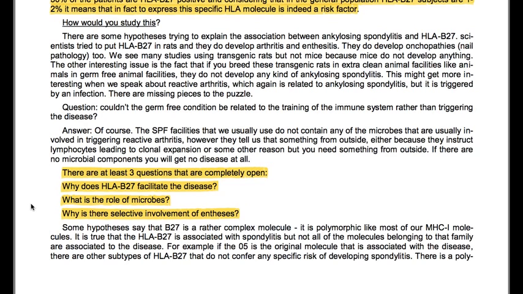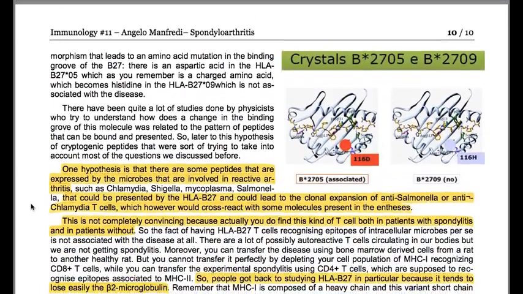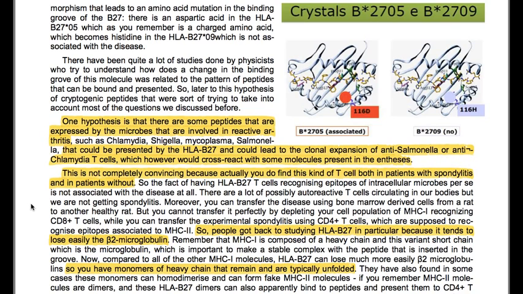For example, if B*2705 is the original molecule that is associated with the disease, there are other subtypes of HLA-B27 that do not confer any specific risk of developing spondylitis. There is a polymorphism that leads to an amino acid mutation in the binding groove of the B27. There is an aspartic acid in the HLA-B*2705, which, as you remember, is a charged amino acid, which becomes histidine in the HLA-B*2709, which is not associated with the disease.